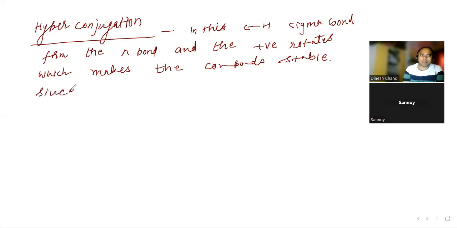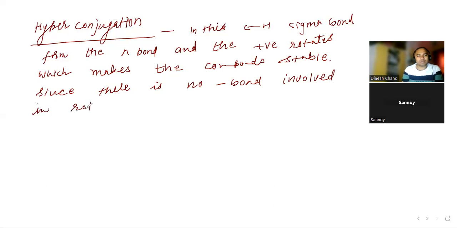Since no bond is involved in the rotation, it is called no bond resonance.